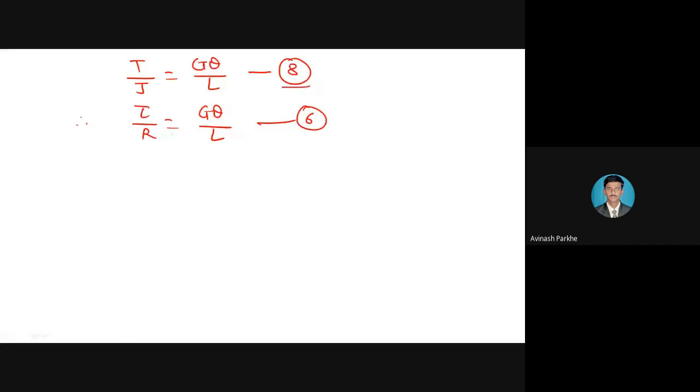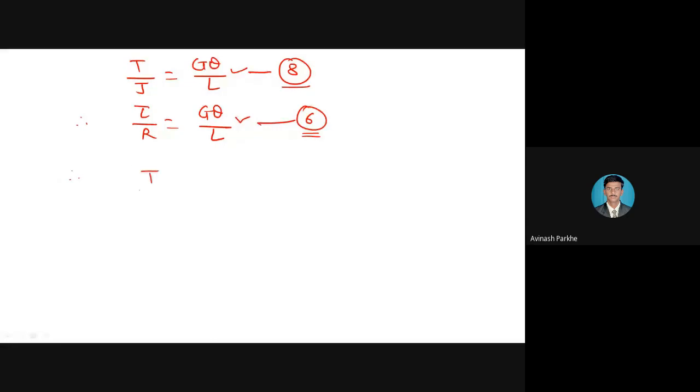And already from the longitudinal section, from the previous two figures, we have equation number 6: tau upon R is equal to G theta by L. Again here, the right hand sides are equal. G theta by L is present in both. Therefore, your left hand sides also become equal.